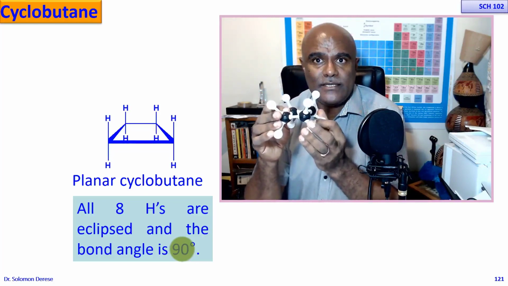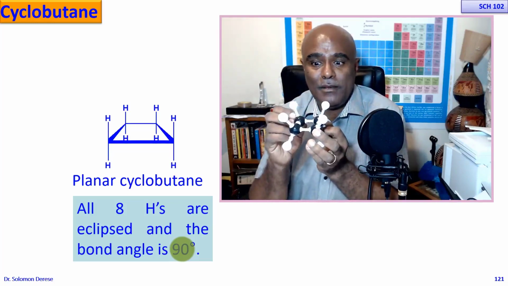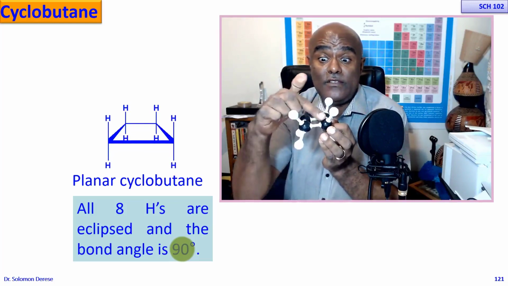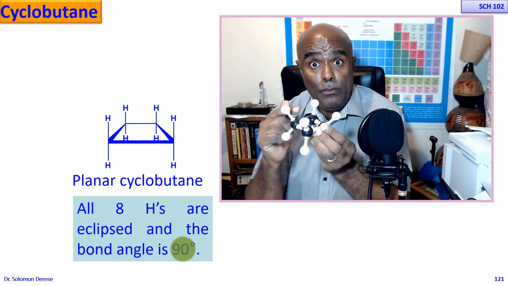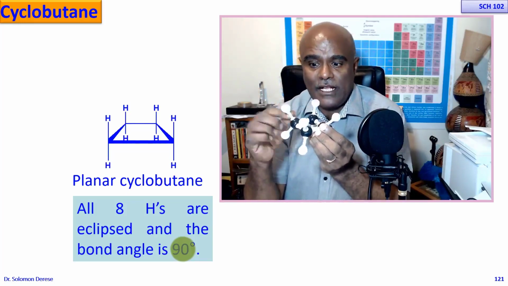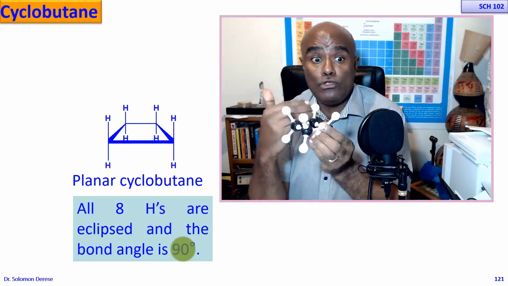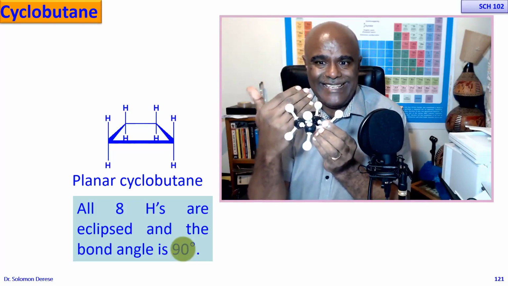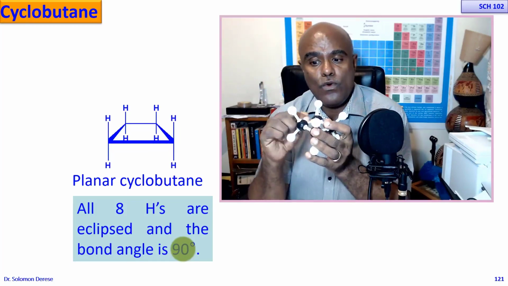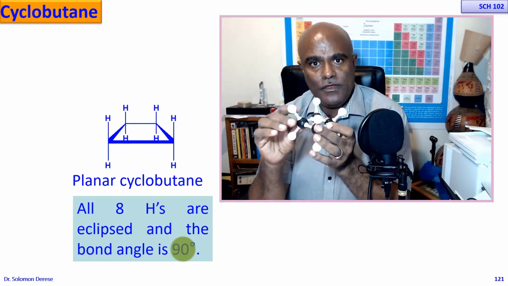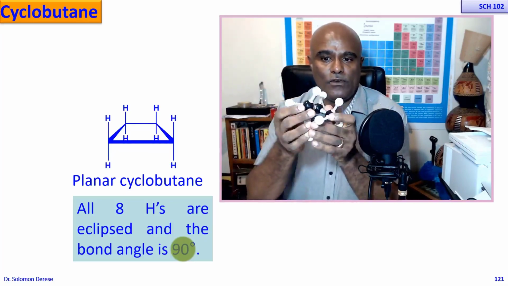But unlike cyclopropane, cyclobutane can do something about it, because it is not a must that these 4 carbons be in the same plane. So cyclobutane can pucker as a result of rotation of its carbon-carbon single bond, which will allow it to relieve some of the strain the ring is experiencing. What it can do is allow one of the carbons to come out of plane like this. It comes out of plane.